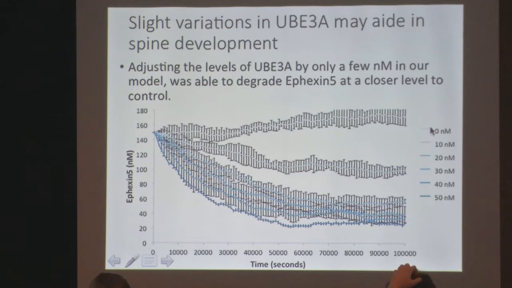So this goes to the question of sensitivity. Here's the baseline that you saw before with 0 nanomolar. Just increasing to 10 nanomolar helps quite a bit. And going up to 20 nanomolar almost gets you within standard deviation of the control level.